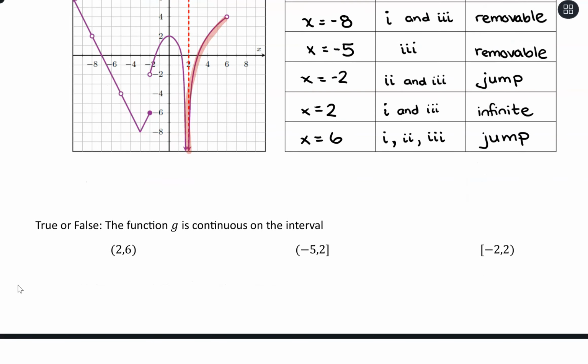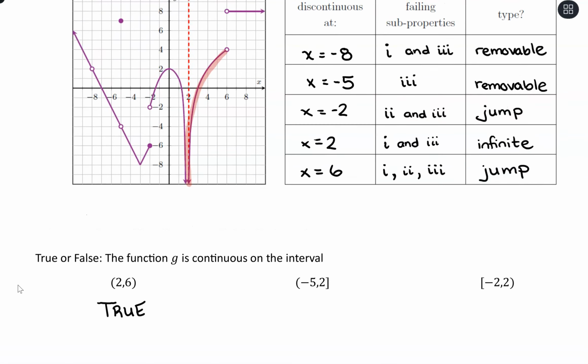Yes, we could draw our function over that interval without picking up our pencil. From -5 to +2, so -5 but not including, I'm here, and I'm going, but then I have to pick up my pen to keep drawing. So with that, that is not continuous.